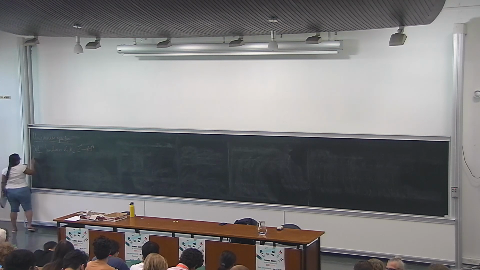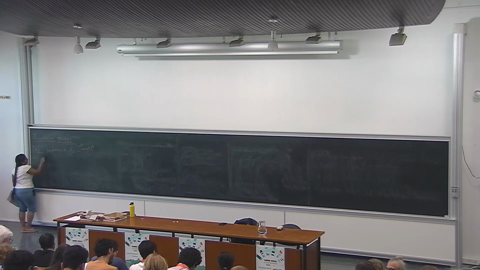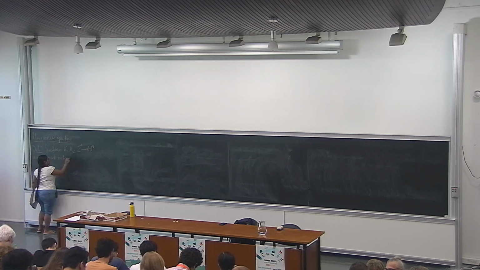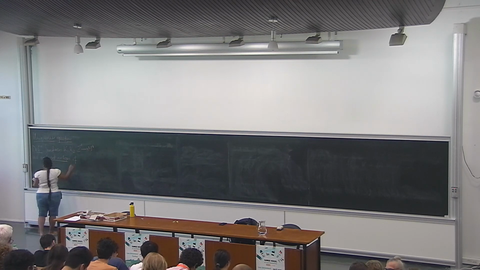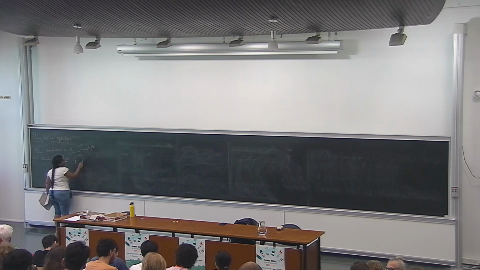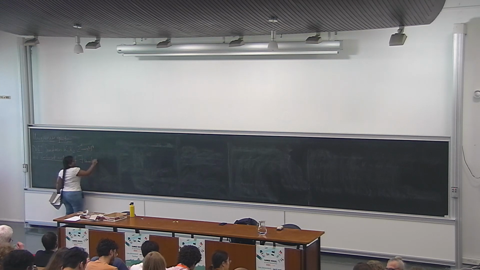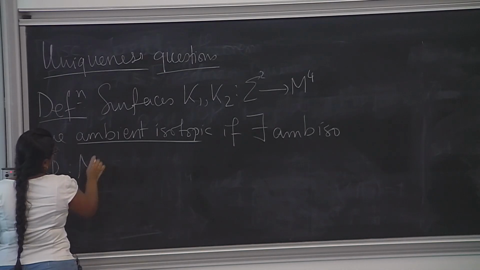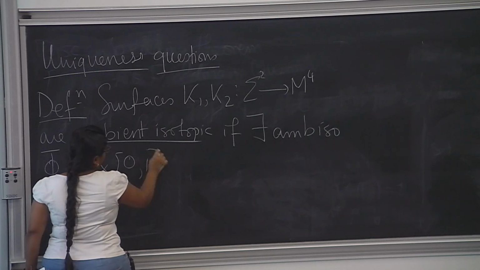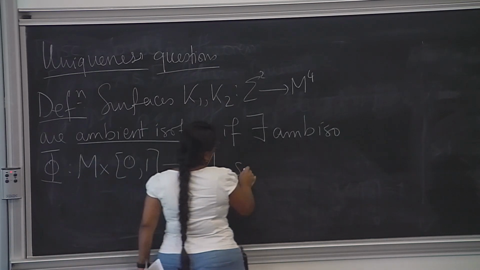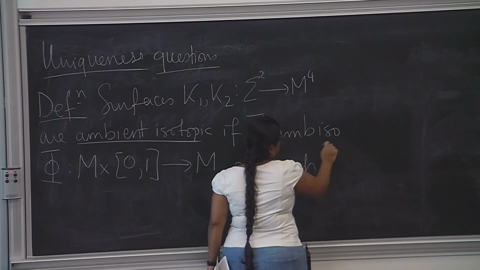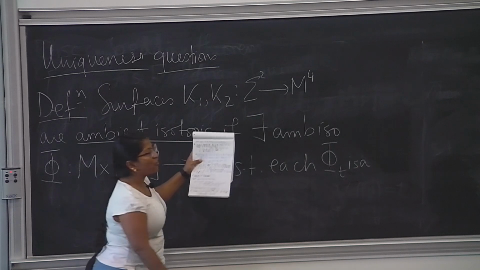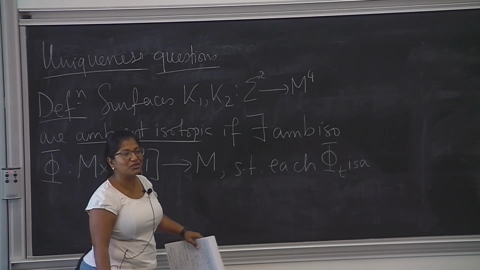These are ambient isotopic if there exists an ambient isotopy, namely some big phi going from M cross [0,1] to M, such that each phi t is either a homeo or a diffeo, depending on whether M is smooth or topological.